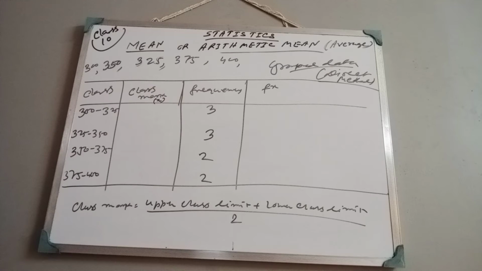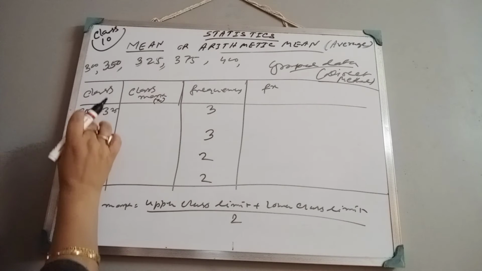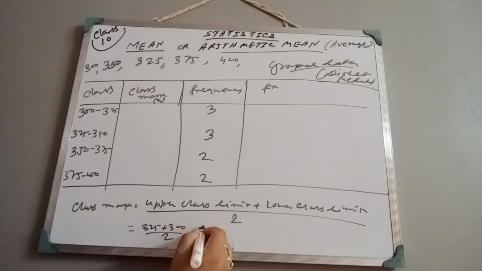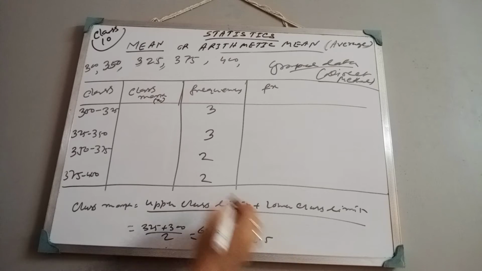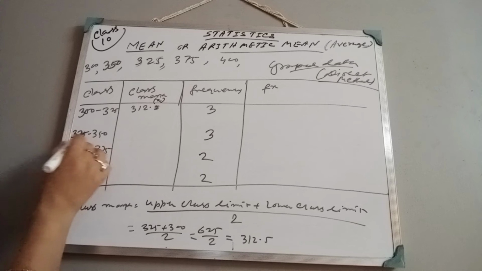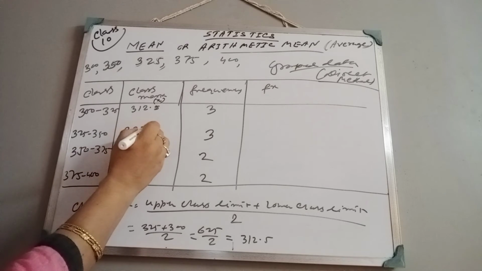Now x equals upper class limit 325 plus lower class limit 300, divided by 2. That means 625 divided by 2, which equals 312.5. This is the calculation for the first class. Similarly, for the second: 325 plus 350 is 675, divided by 2 gives 337.5.